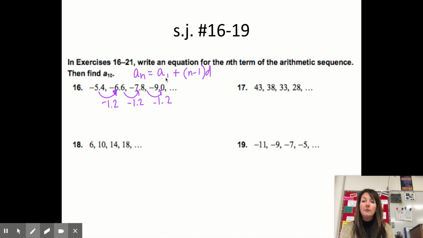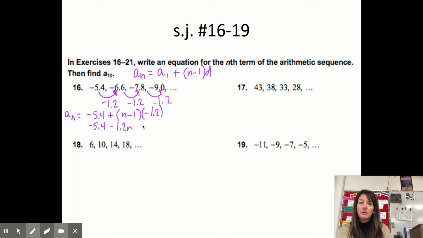So what goes right here? Well, right here is going to be our negative 5.4. So A sub n is going to be equal to negative 5.4 plus n minus 1 times this negative 1.2. So we'll distribute, and then we can combine these like terms.